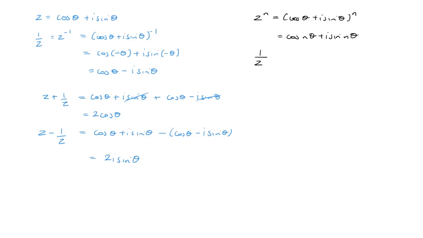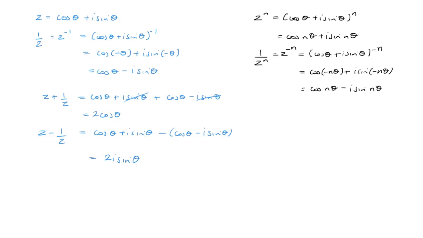And if I think of 1 over z to the power n, that's z to the negative n, which is cos theta plus I sine theta to the power minus n, which is cos of minus n theta plus I sine of minus n theta, which we know is cos n theta minus I sine n theta. Okay, so in the same process as here, we've just got now z to the power n and 1 over z to the power n.